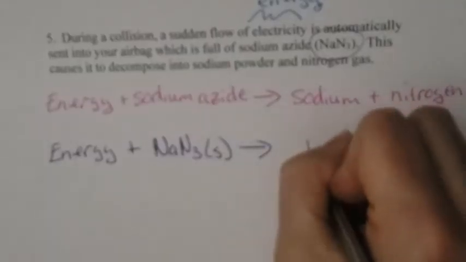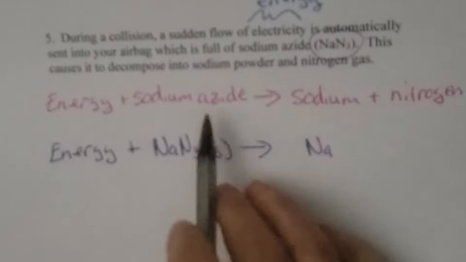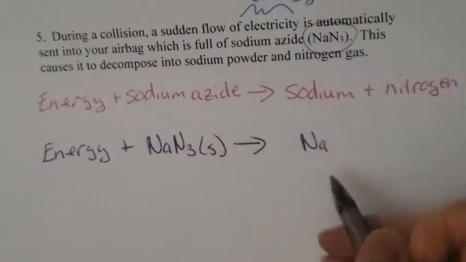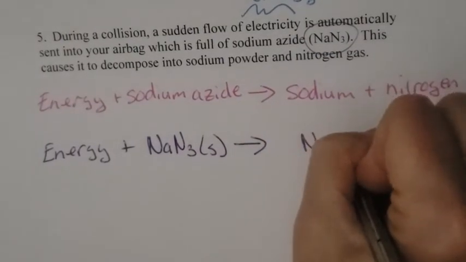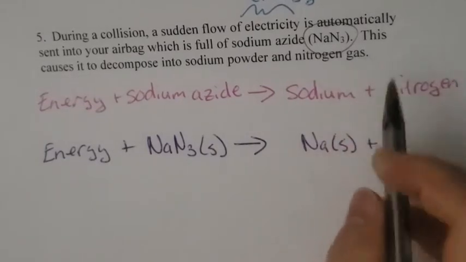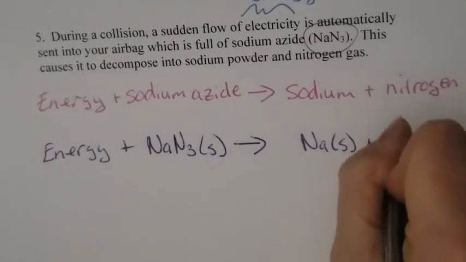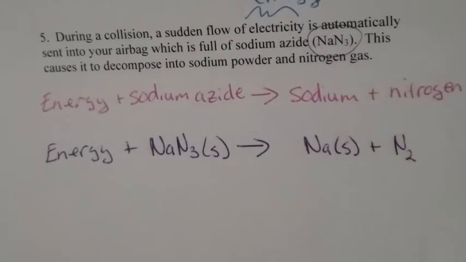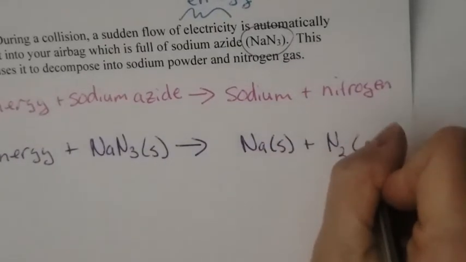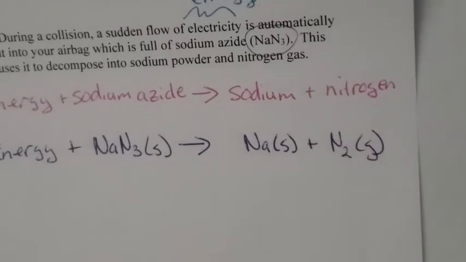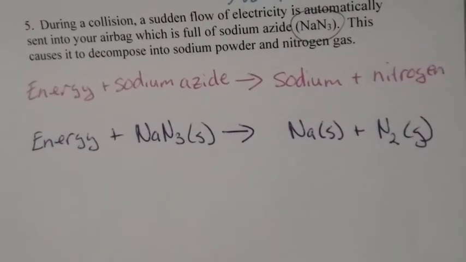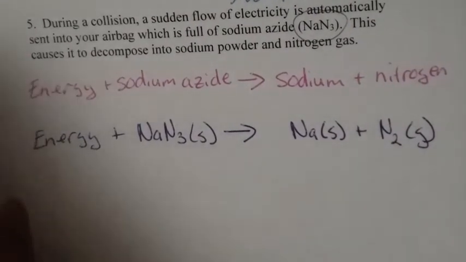The formula for sodium is Na. And it told me in the question it's sodium powder, so that means it's also a solid. And I get nitrogen gas out. Now nitrogen is a diatomic molecule, so I have to write down N2, and it's a gas, so put a little G for gas. So my last step is to balance this.